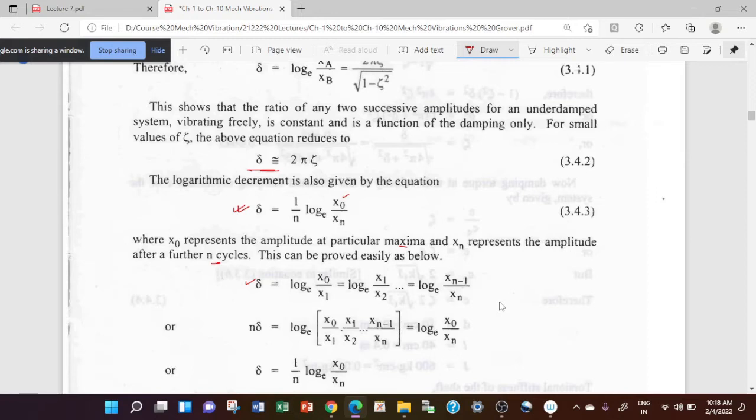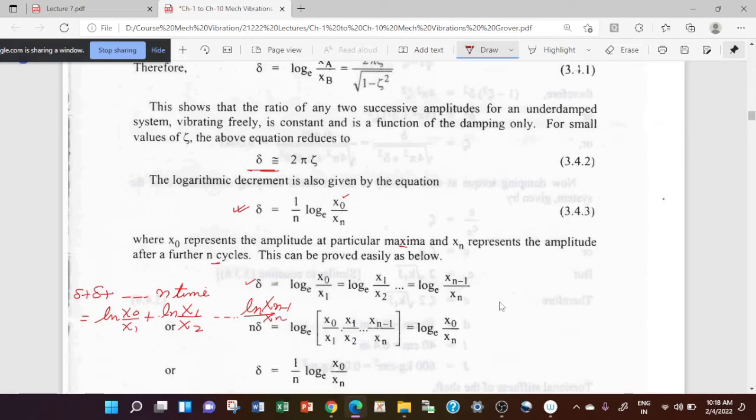This is basically n times. So now if I add this delta n times, then you can write x naught upon x1, x1 upon x2, and so on, up to xn minus 1 upon xn.